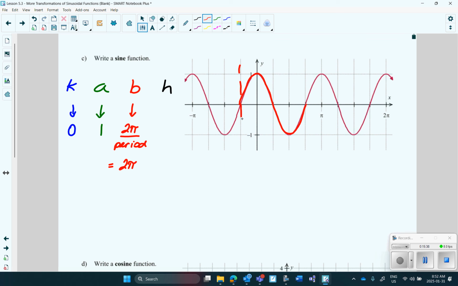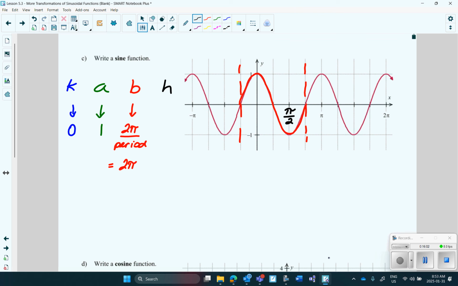So from here to here, it travels 4 notches from start to finish. And if you look at the horizontal axis, 4 notches is pi, isn't it? Or figure out the value of 1 notch. If 4 notches is pi, then halfway is half of pi.